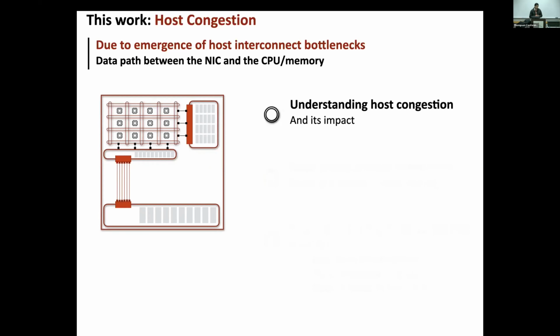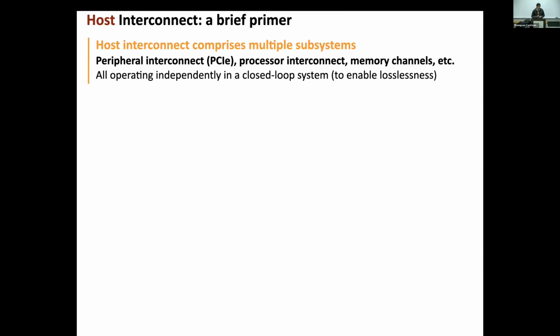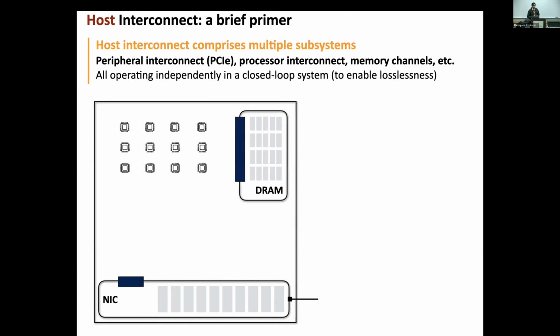Before we try to understand the host interconnect congestion problem, we need to understand the host interconnect first. So I'm going to give you a very brief primer of the host interconnect architecture. I'm going to give details of an Intel-specific architecture for this talk, but the broader ideas carry over to other architectures as well. Here's the host. There's a NIC, we have CPU cores, and then there's DRAM.